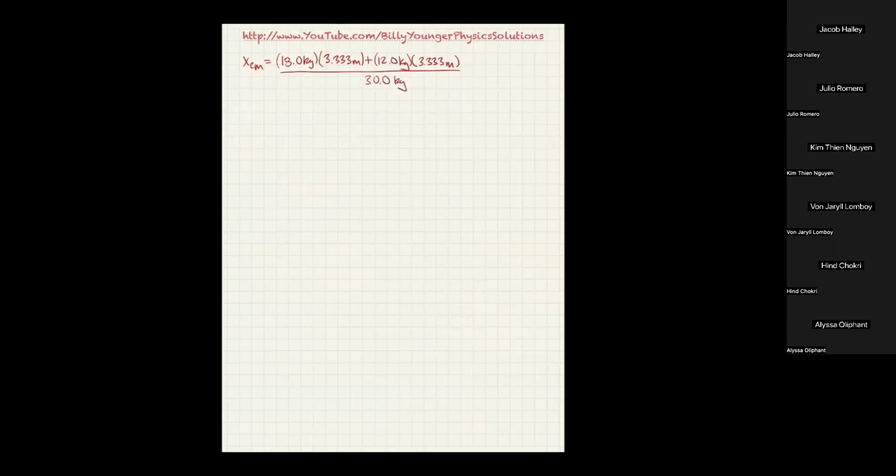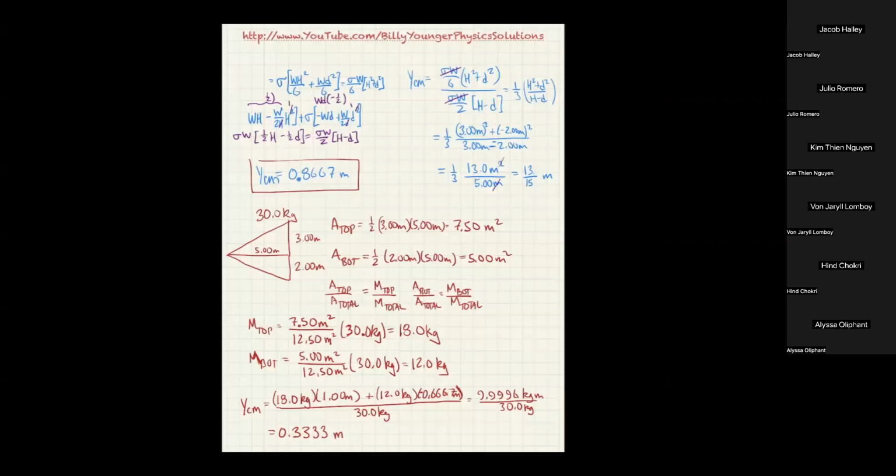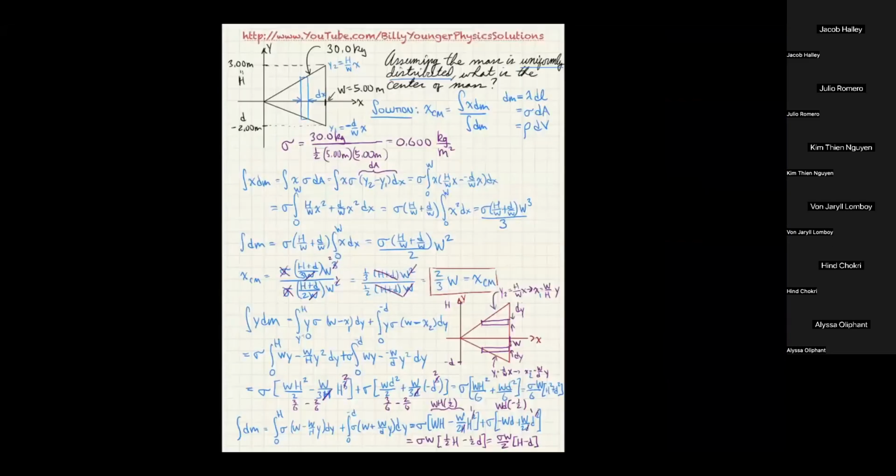So if I do this just to double check, it's going to be 18 times 3.333 plus 12 times 3.333. That gives me 99.99 divided by 30, which gives me 3.333. Okay, so that does seem to be what we got for 2/3 of W. Yeah, that's 3.333.